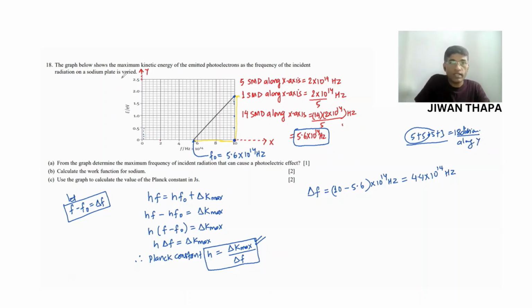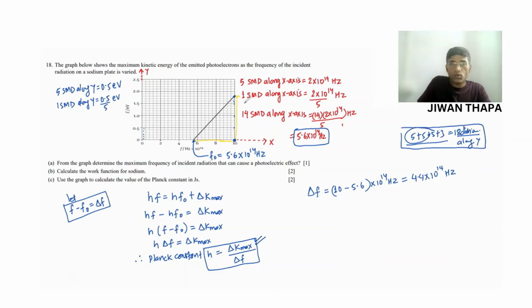Five small divisions along y equals 0.5 electron volt. So one small division along y equals 0.5 divided by 5 electron volt, and there are a total of 18 divisions.